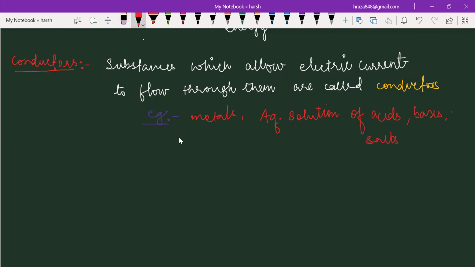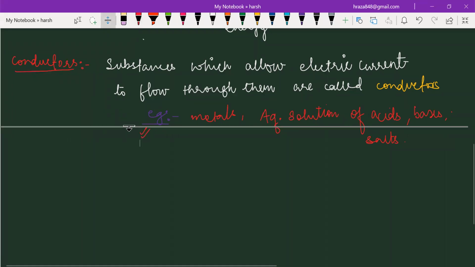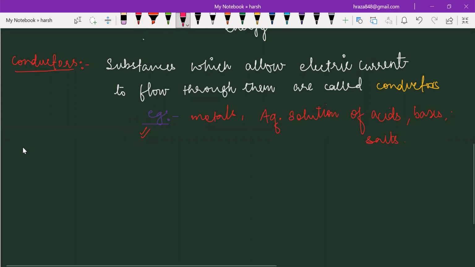Please write up to this and let me know. Then we are going to classify these conductors into two types. Done, sir. Very good. There are two types of conductors.